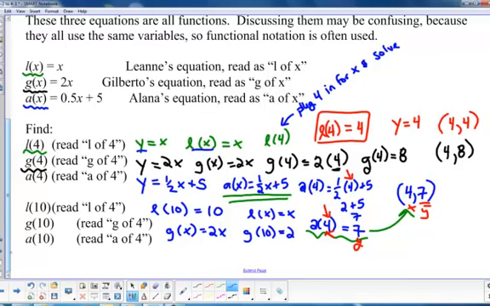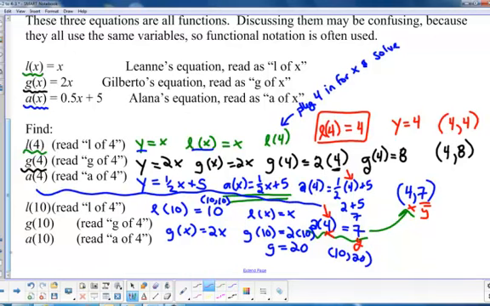So we're going to plug 10 in for x. So Gilberto is going to give us 20. So again, this ordered pair, when you plug 10 in, you get 20. If you go back to Leanne, when you plug 10 in, you get 10.